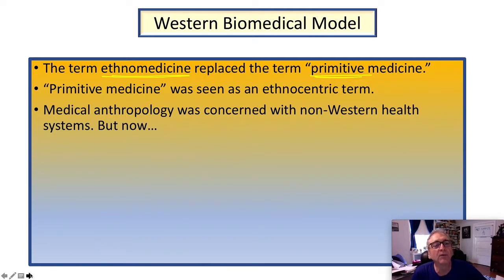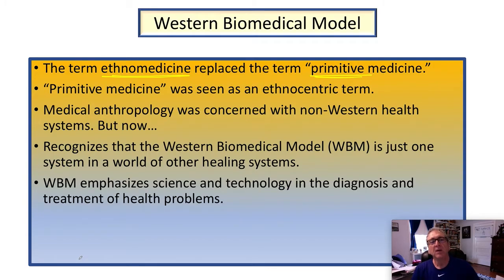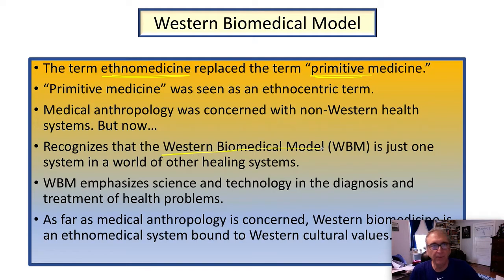Medical anthropology was concerned with non-Western health systems. Calling those systems primitive was a bit judgmental and ethnocentric, but now medical anthropology recognizes that the Western biomedical model, the system that we have, which we abbreviate WBM, is just one system in a world of other healing systems.